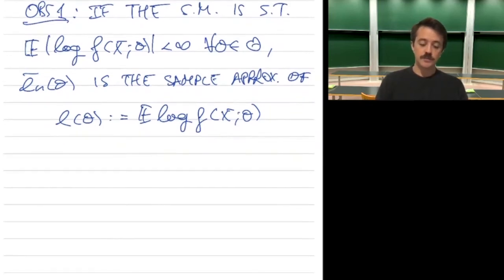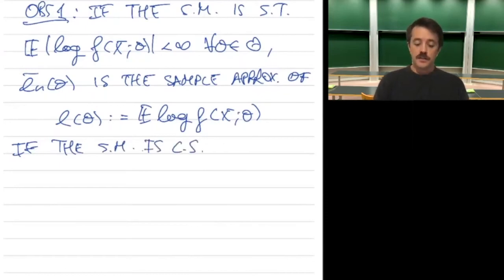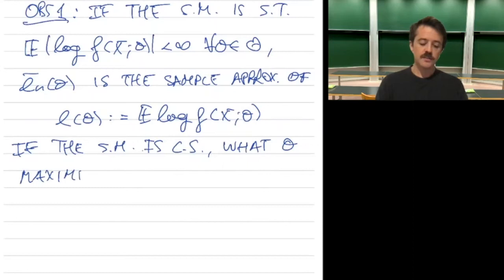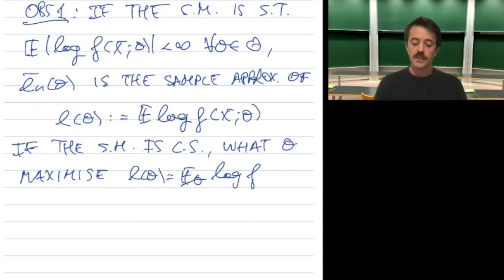If the statistical model is correctly specified, then the question is, what thetas are going to maximize this L theta, which we can now write with the subscript theta naught.